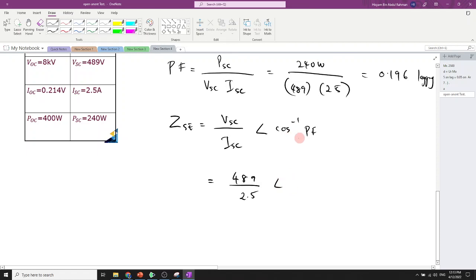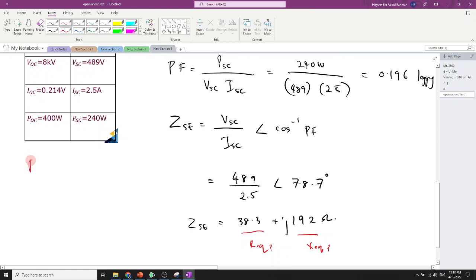What is the value here? 58.7. Okay, 58.7. So then we will get 38.3 plus J192 ohm. Okay, so this is ZSE. So we know that this part is the R equivalent and this is the X equivalent at the primary side.